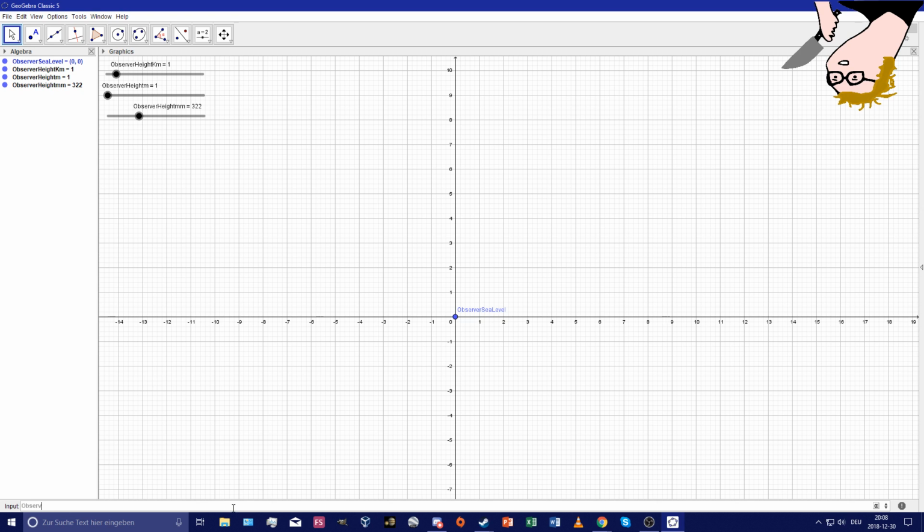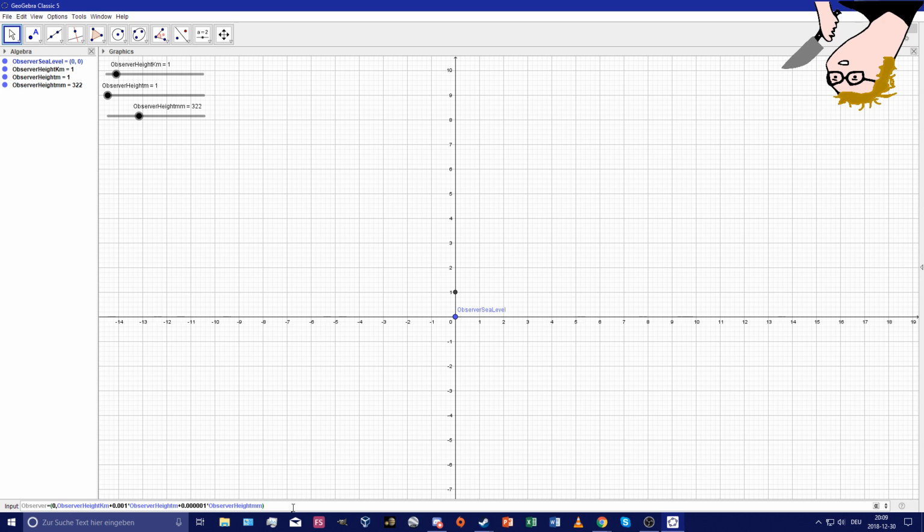So y equals 0 plus observer height kilometers plus 0.001 times observer height meters plus 0.000001 times observer height in millimeters.